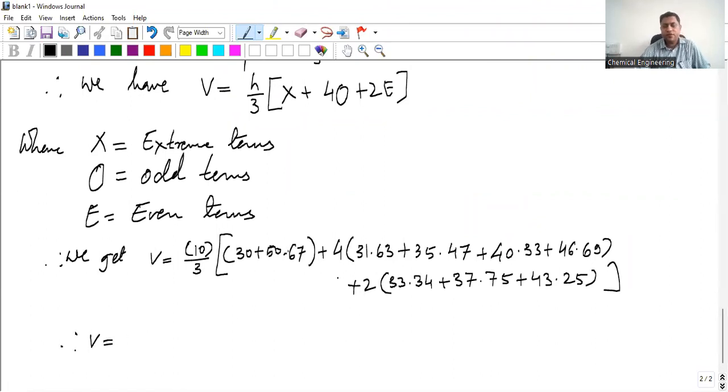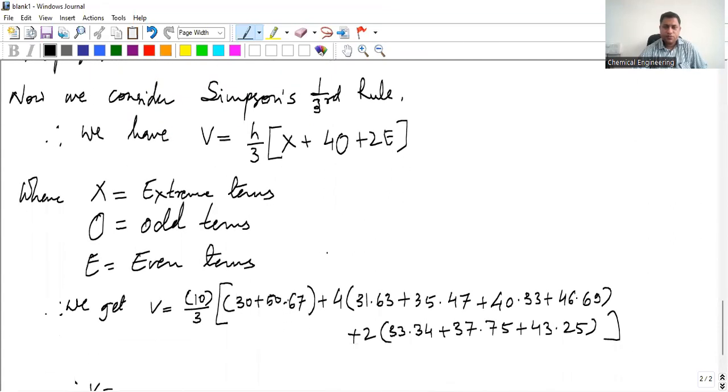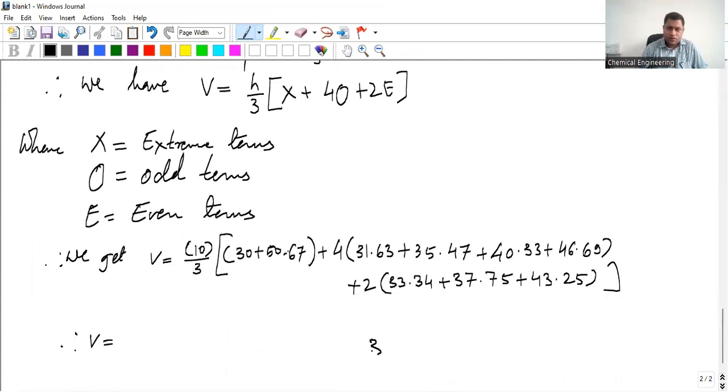So what is the value of V you are able to get here? It will be nearby 3086.1, and this is meter per second.